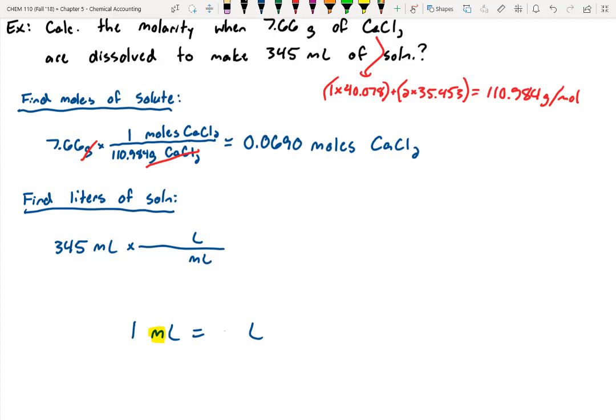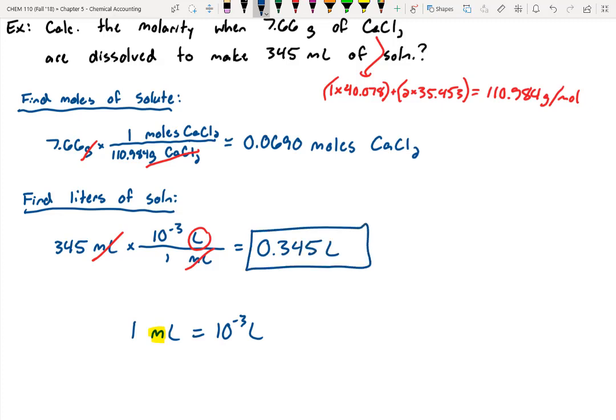So we could plug this in and we could say 1 milliliter is 10 to the negative 3 liters. So I'd say 1 milliliter, 10 to the negative 3, it goes on top. That allows us to cancel out milliliters, and we're left with liters as our final unit. This is 0.345 liters.